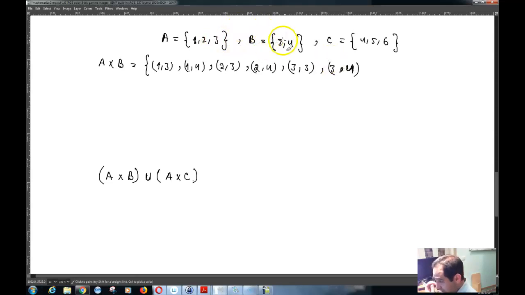So you have 3 times 2, which is 6 pairs. That's the Cartesian product of A and B.